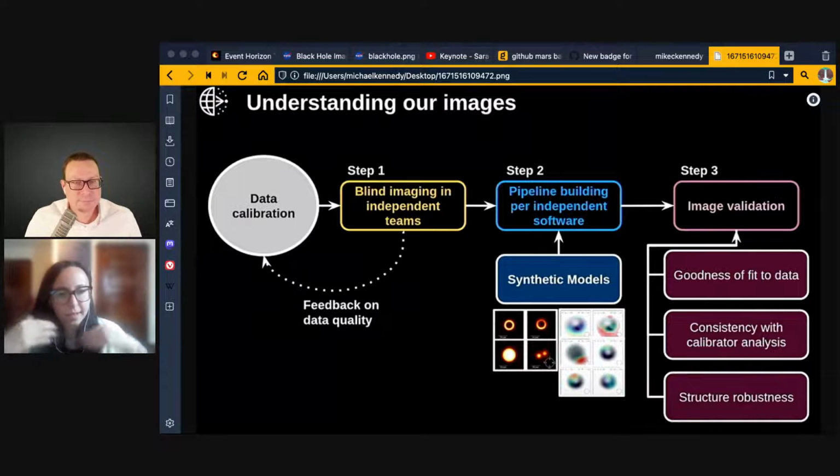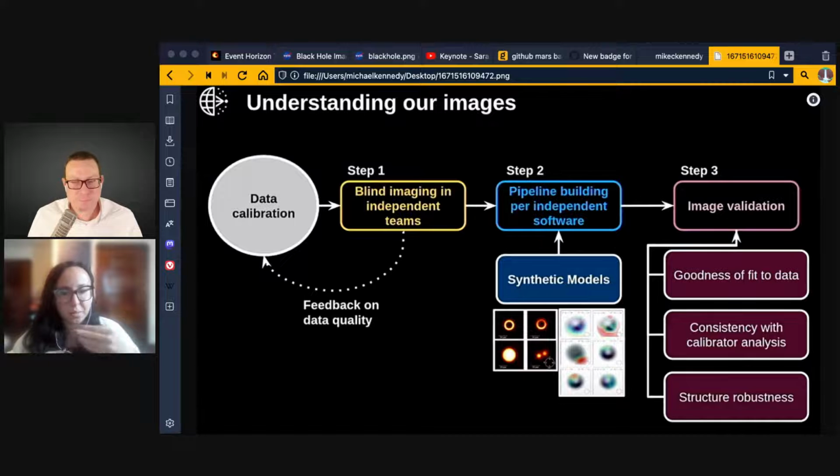From an objective perspective, when we looked at the data plots, we knew what they were telling us, but we wanted to look through every avenue of possible ways of creating images that look similar to the data. And in fact, it's very hard to create images that don't look like what we have. No matter how much we tweaked our software, we would always end up with something very similar to the final image.